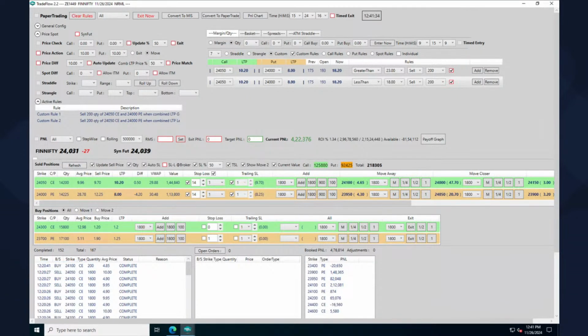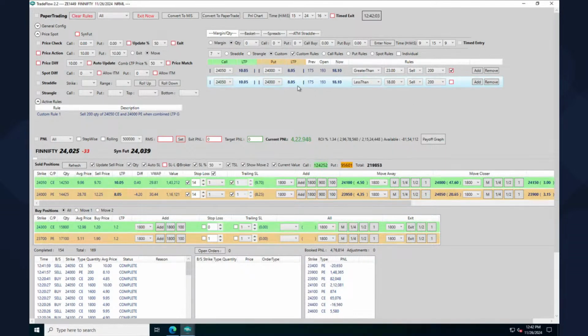Alerts. In TradeFlow there are no alerts, but it's conditions, right? So what I did here, if you see this place, I'm not sure if I can zoom this, but see what is happening here. I had put a condition: the call is 24050, the last traded price is 10 rupees, and it just got executed here.